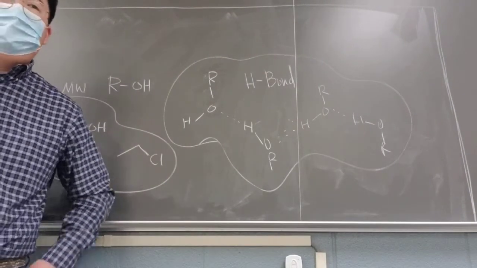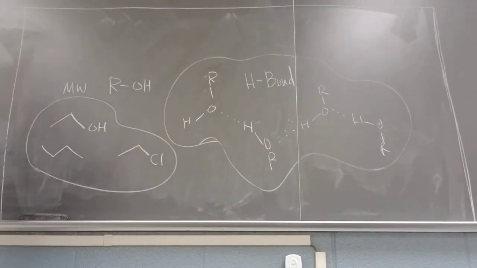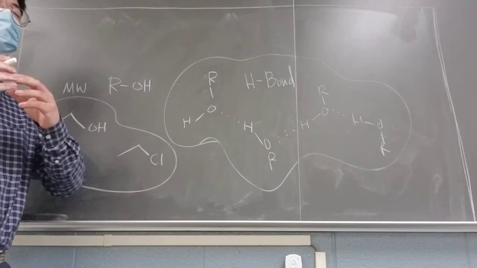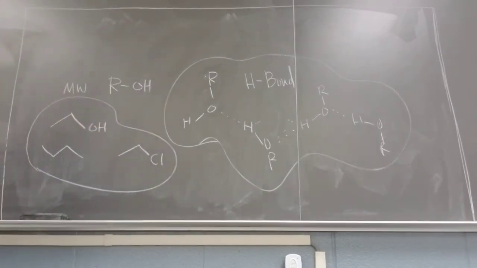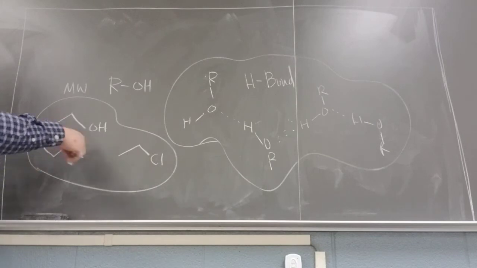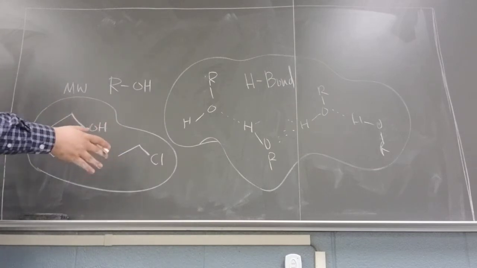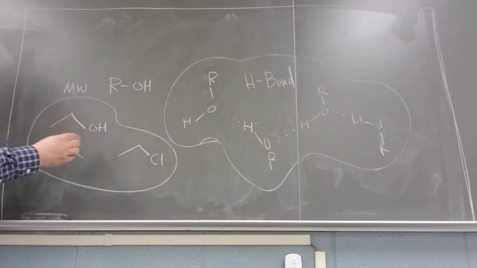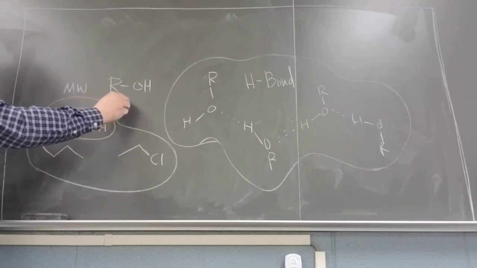Because if it's heavier, it will have a very high boiling point. If it's lighter, only a small amount of energy is needed to make them gaseous, so it'll be a very low boiling point. But since they have a similar molecular weight, they should have a similar boiling point as well. But the thing is, this one has the highest, which is 97.